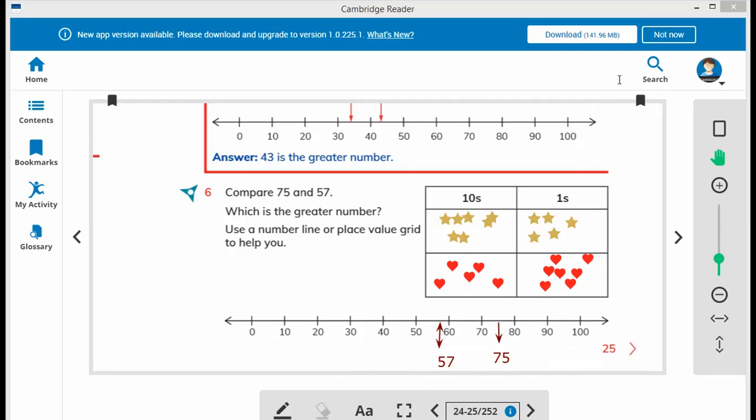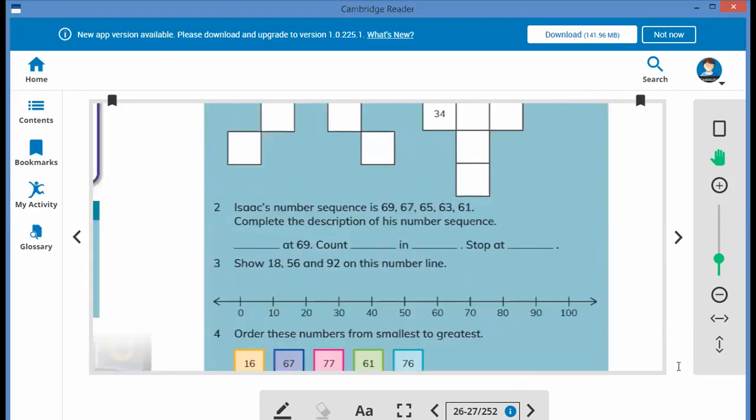Okay, let's move on to the next question. Going to erase the numbers. Okay.